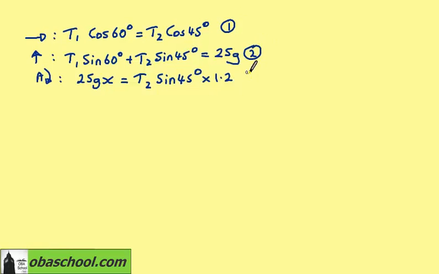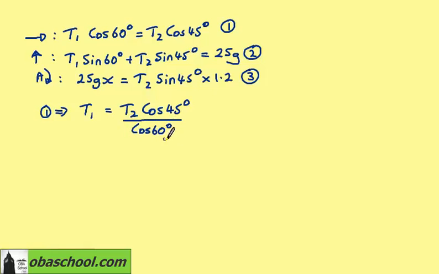What we've formed is three simultaneous equations. One gives us that T1 is equal to T2 times the cosine of 45 degrees divided by the cosine of 60 degrees.